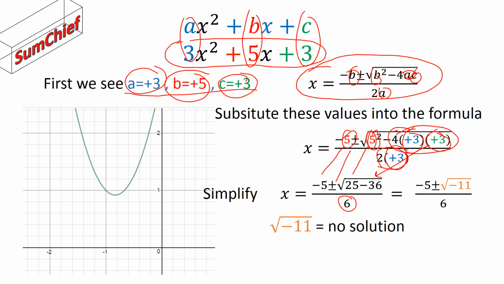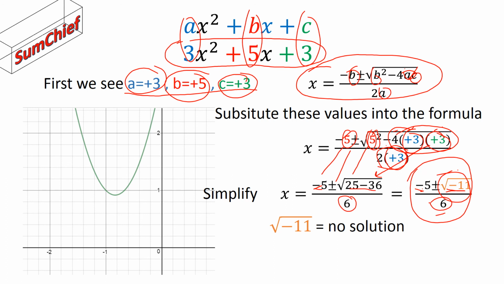Okay, so something a little bit different here now. We've got 25 minus 36, which comes to minus 11. That's looking a little bit suspicious. So now our formula says minus 5 plus or minus the square root of minus 11 divided by 6.